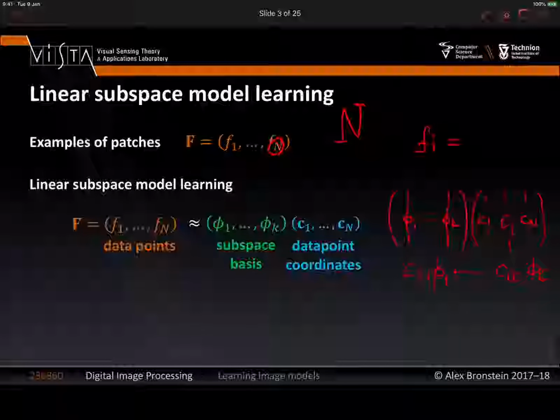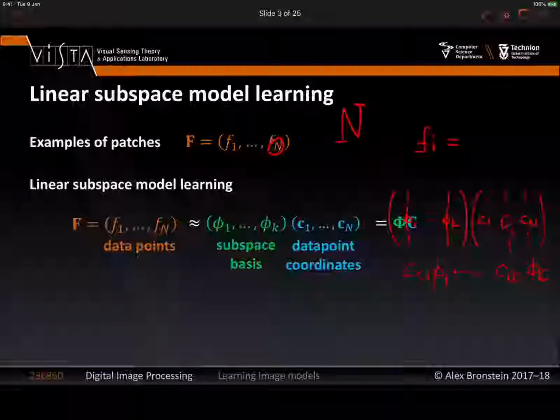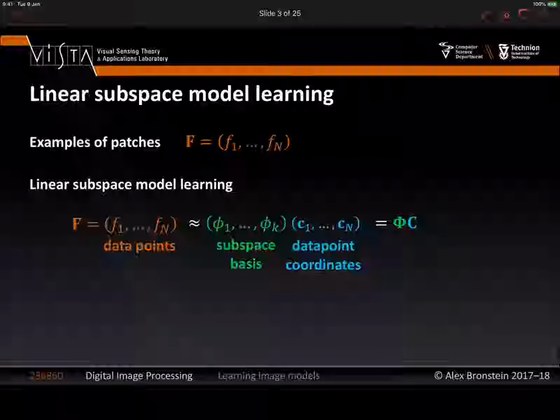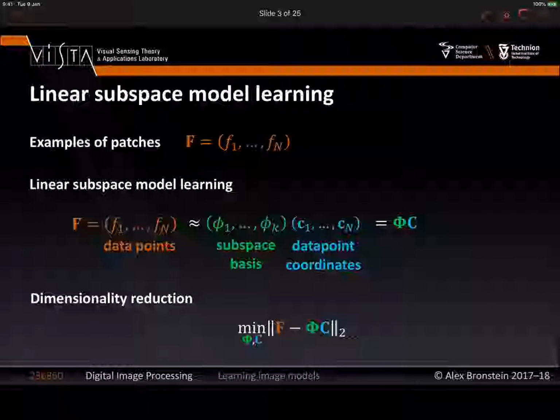I'm taking this weighted linear combination of the basis functions phi, with the weights determined by the C's. So let me write this simply as a product of phi with C. And this dimensionality reduction problem is sometimes called unsupervised learning or dimensionality reduction or manifold learning in general, but this is a linear form of manifold learning.